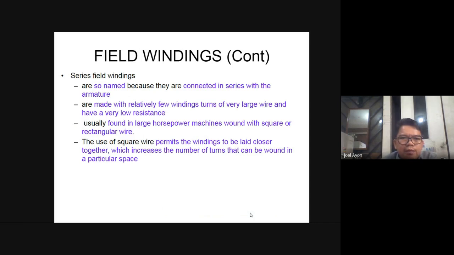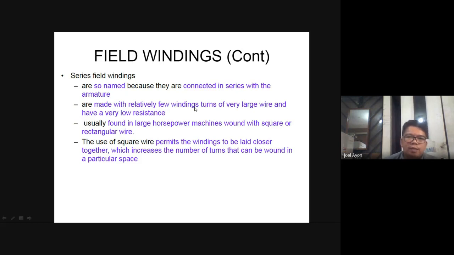So, series field windings. Series field windings are so named because they are connected in series with the armature. Remember, in the illustration on my first slide, we had different types of self-excited motor or machine: series, then shunt, then compound.